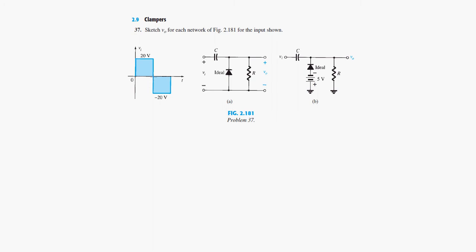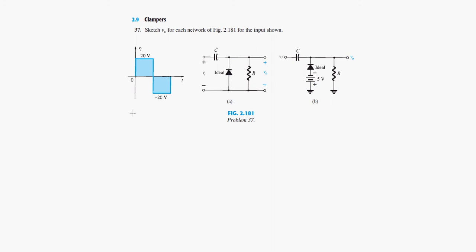You could also do this with a voltage source, for example. You could replace this capacitor by a simple DC voltage source like this, plus or minus, or in the opposite direction. But sometimes you don't want to waste a voltage source as the DC voltage source. It's much easier to just add a capacitor here in order to shift your voltage. And for this we also use the diode. So let's look at what happens in this circuit.